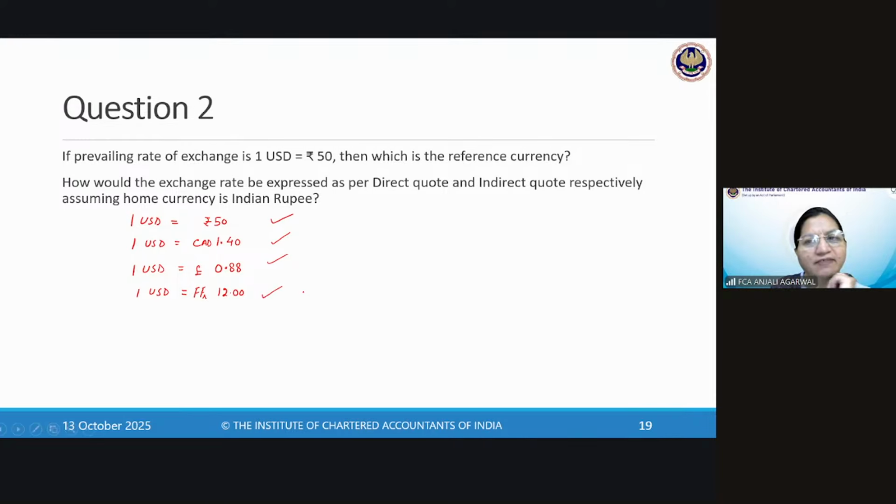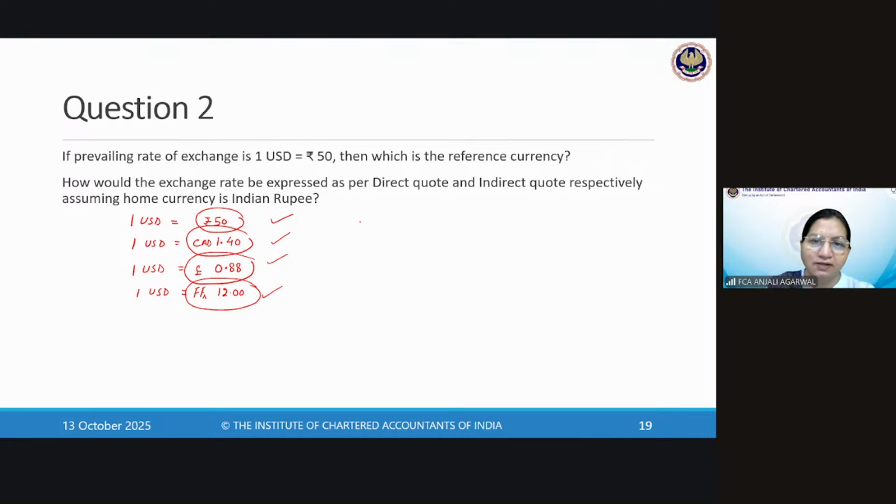So which one is the reference currency? 1 USD is equivalent to rupee 50 when you are referring rupee. 1 USD is equal to 1.4 Canadian dollar when you are referring the Canadian dollar. 1 USD is equal to 0.88 when you are referring the pound. 1 USD is equivalent to 12 when you are referring the French francs. 1 USD would be equal to something else when you are referring it to Japanese yen, JPY.